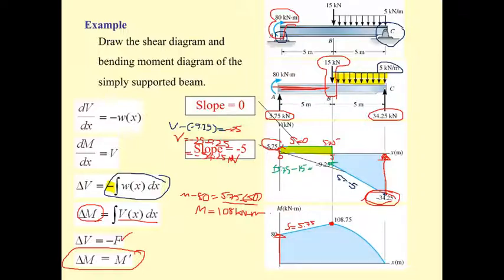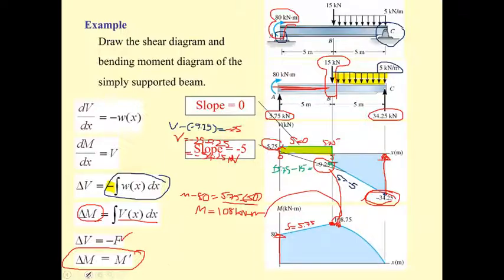So you get this, and when you move here, this shear force changes from plus 75 to minus 9.25. So the slope of this curve is going to be minus 9.25.